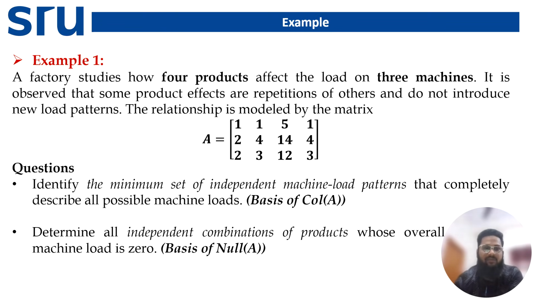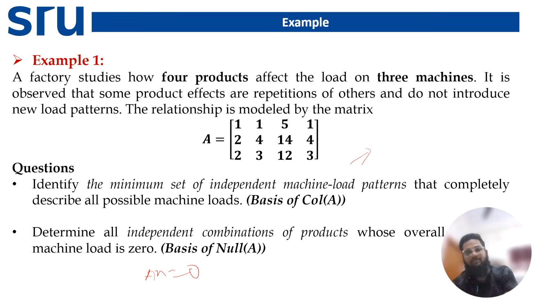Now we have to find the basis of the column space, which represents the minimum set of independent machine load patterns, and the basis of the null space, which is the independent combination of products for which the overall machine load will be 0. As I discussed, it will be Ax equal to 0, and the minimum independent machine load patterns will be the basis of the column space.